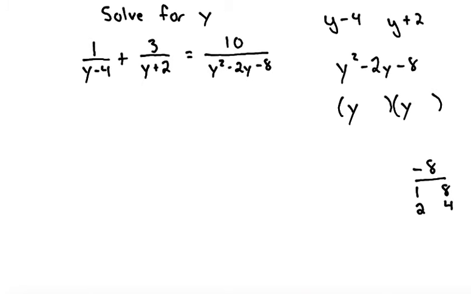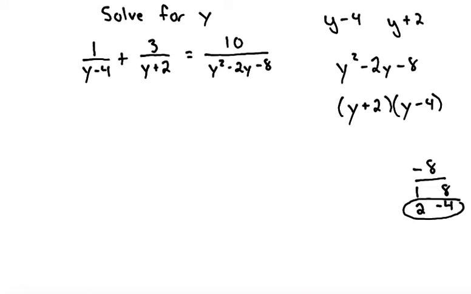So what we need is the 4 to be a negative, because 2 plus negative 4 makes negative 2. So our two special numbers are 2 and negative 4. So we can put a plus 2 and a minus 4.